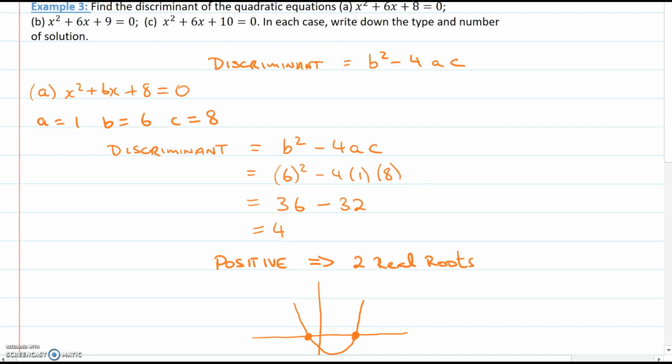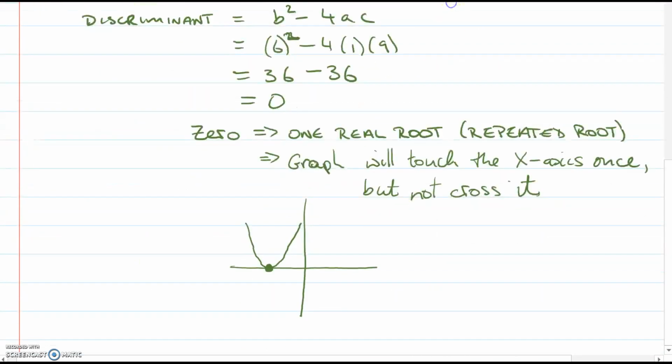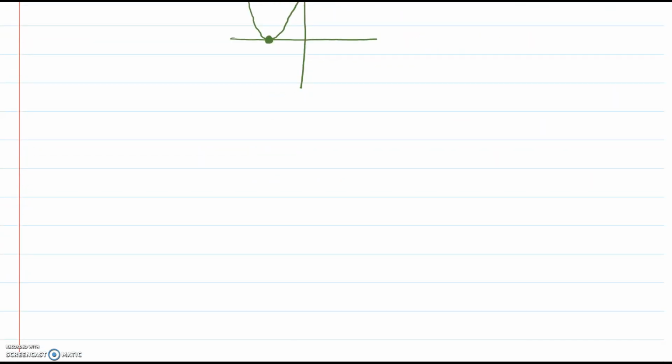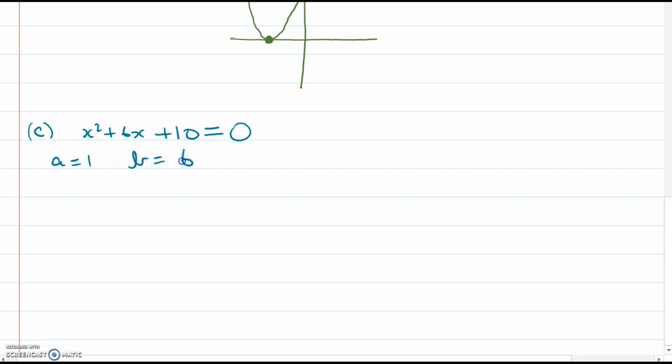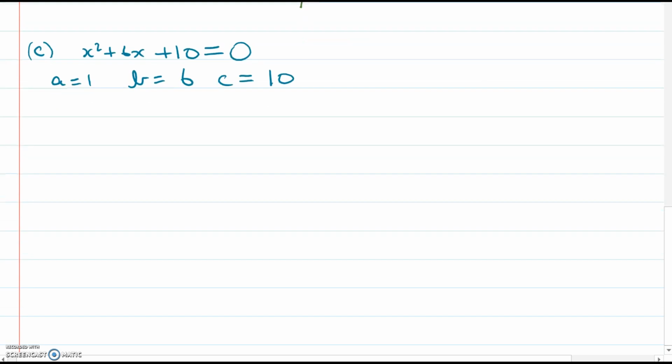And the final one, C, x squared plus 6x plus 10 equals 0. So in this case we have a equals 1, b equals 6, and c equals 10. Apologies for the phone notifications going off in the background there.